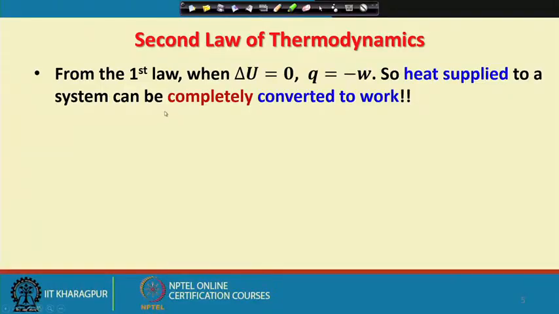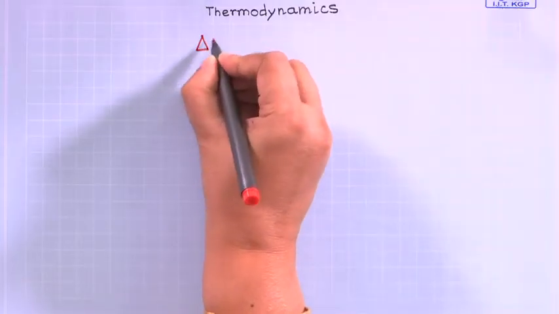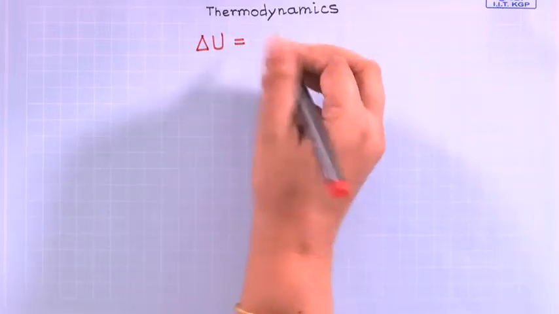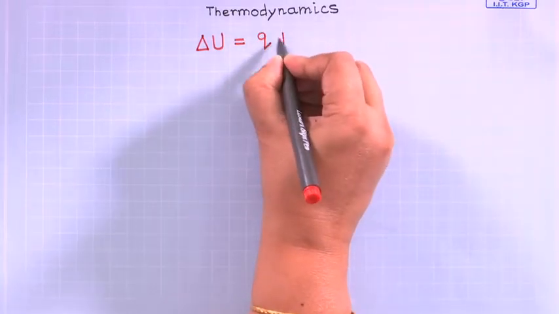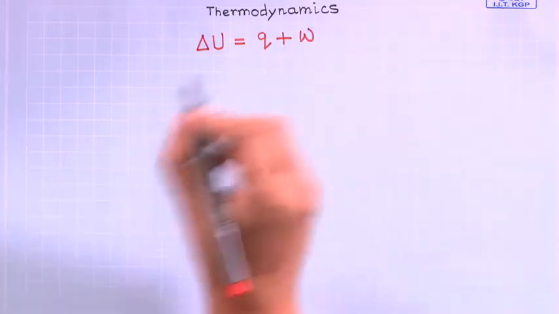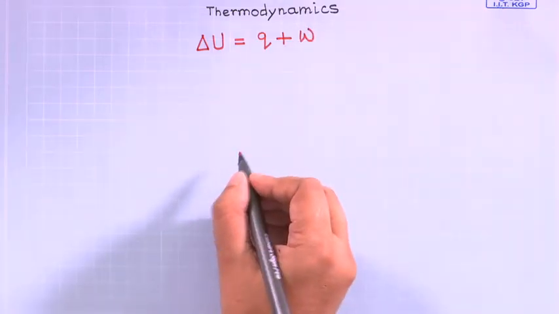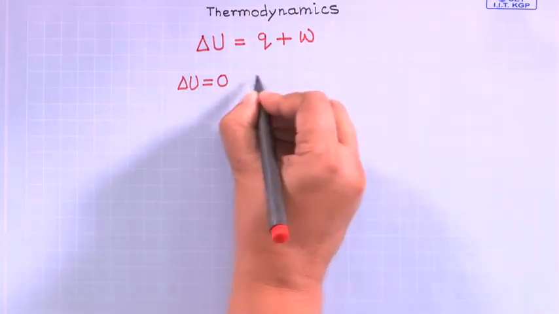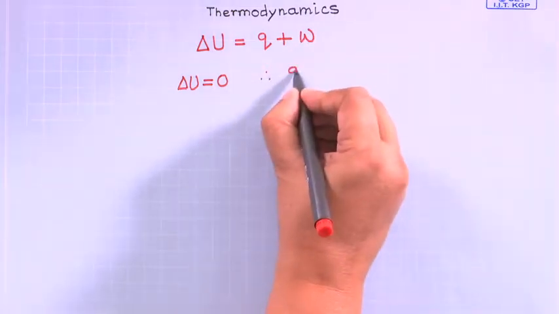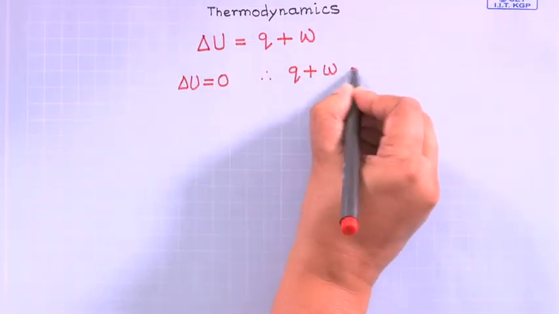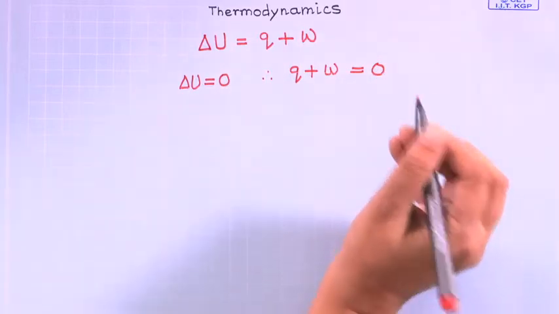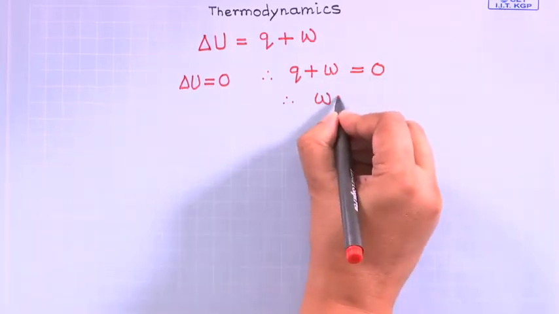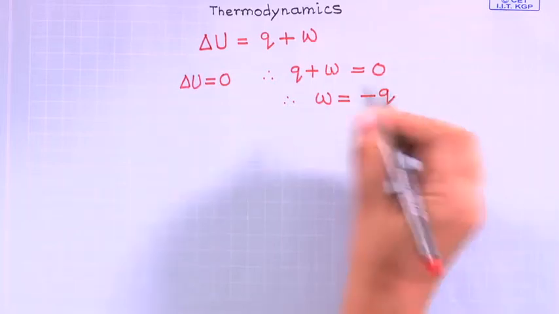If we have a look at what the first law says, the change in state introduces a change in internal energy of the system, whereby delta U is equal to Q plus W. Now, if it so happens that delta U is equal to 0, this means that Q plus W equals 0. This also means that W would be equal to minus Q.